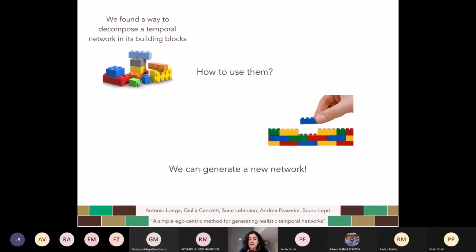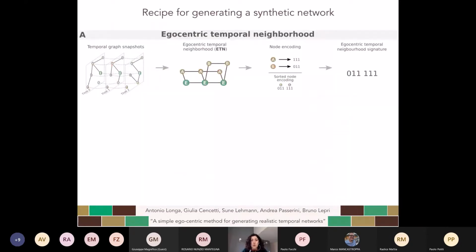Now let's try to understand how we can use these building blocks to generate the new network. So first of all, we need to extract from the original graph all these egocentric temporal neighborhoods, and we store them with these binary signatures.